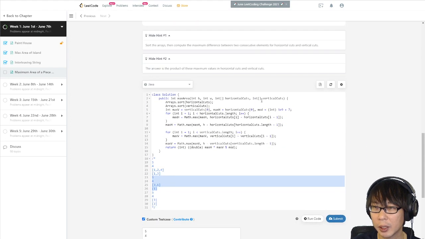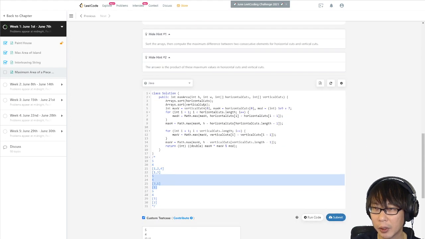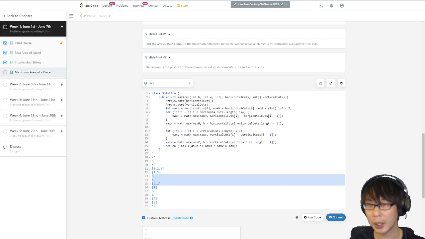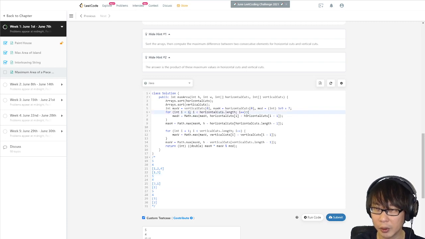I sort horizontal, I sort vertical, and then I initialize max h, max v. Also mod is this. Okay, so then from 1 to, oh, hold on. So this should be, yeah, that's right.